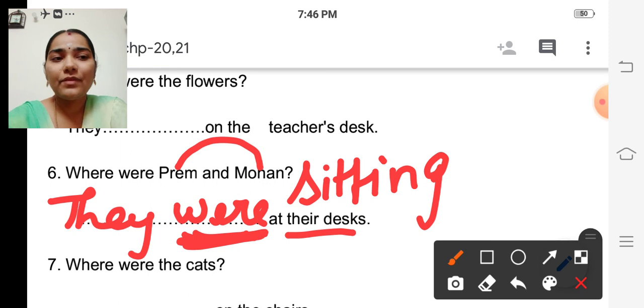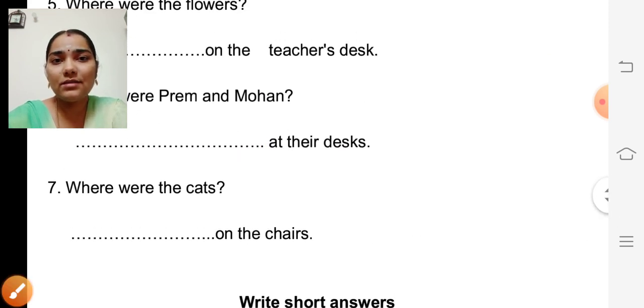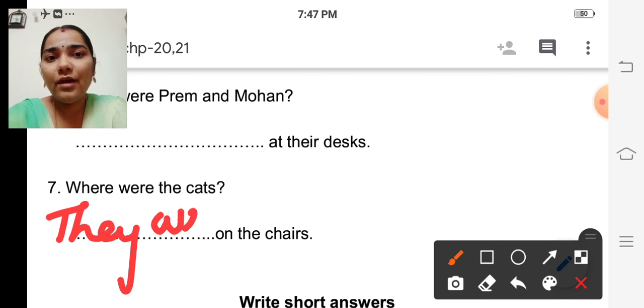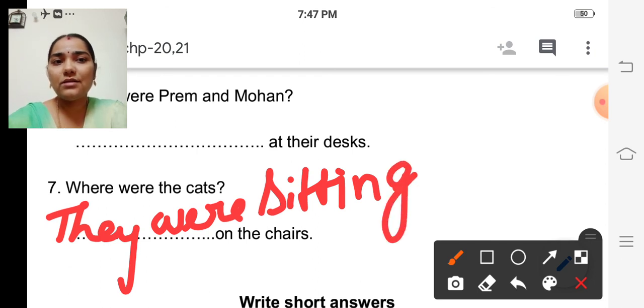Okay. So similarly, the next question. See, where were the cats? So they were sitting on the chairs, isn't it? So what is the answer? They were sitting on the chairs.